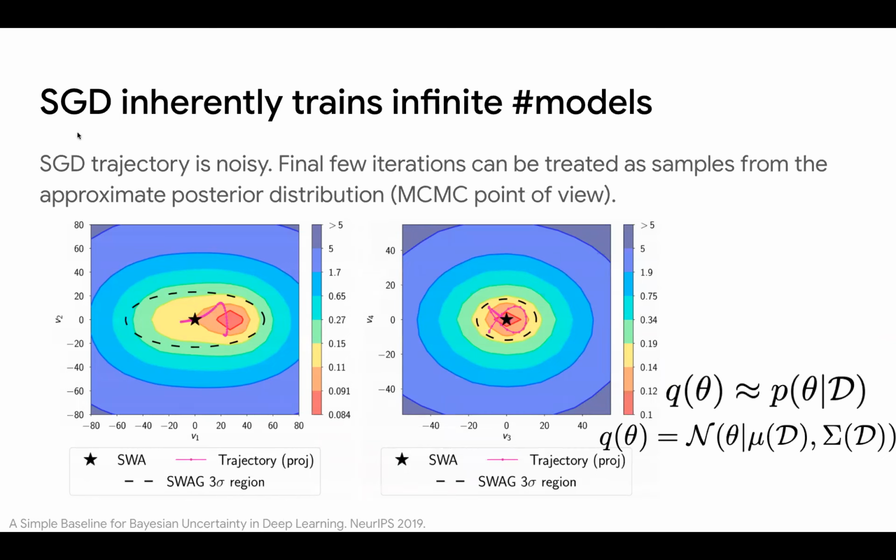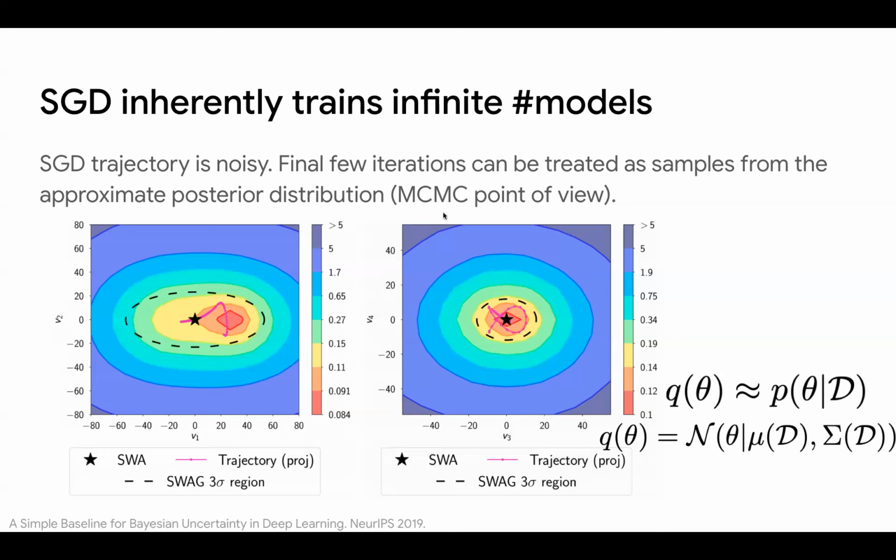So SGD is already trained with noise, right? So in a sense, you're sampling from some unknown distribution during training. And therefore, at the end of your training, you can treat those iterations as some kind of samples from the final posterior of your parameters. This is also very similar to the MCMC point of view, Markov chain Monte Carlo.